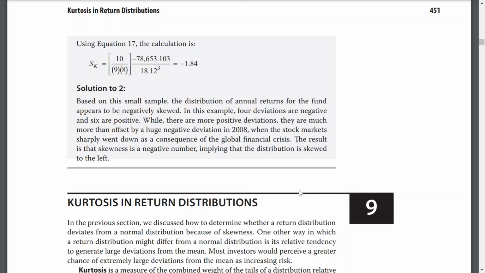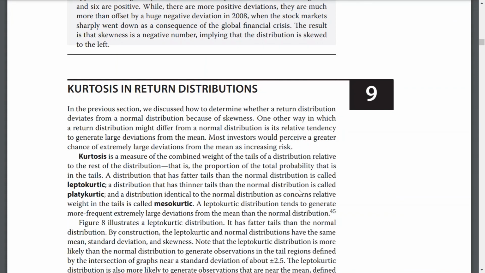Kurtosis in return distributions. In the previous section, we discussed how to determine whether a return distribution deviates from the normal distribution because of skewness. One other way in which a return distribution might differ from a normal distribution is its relative tendency to generate large deviations from the mean.